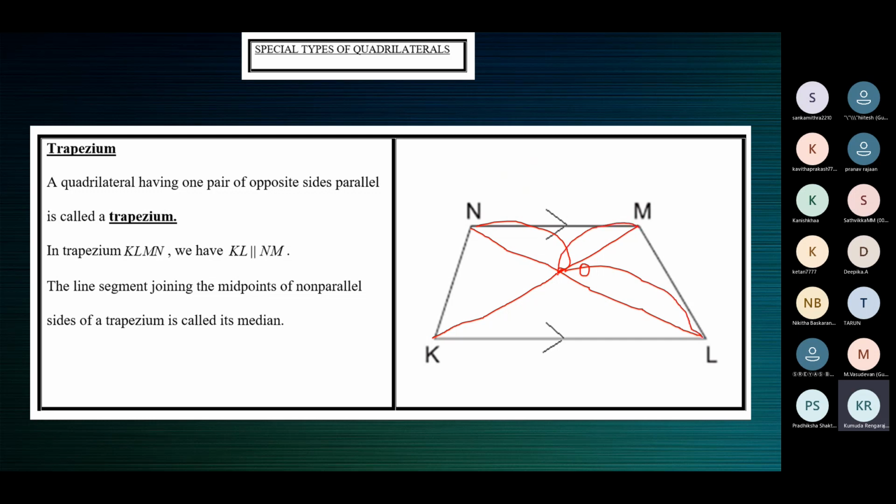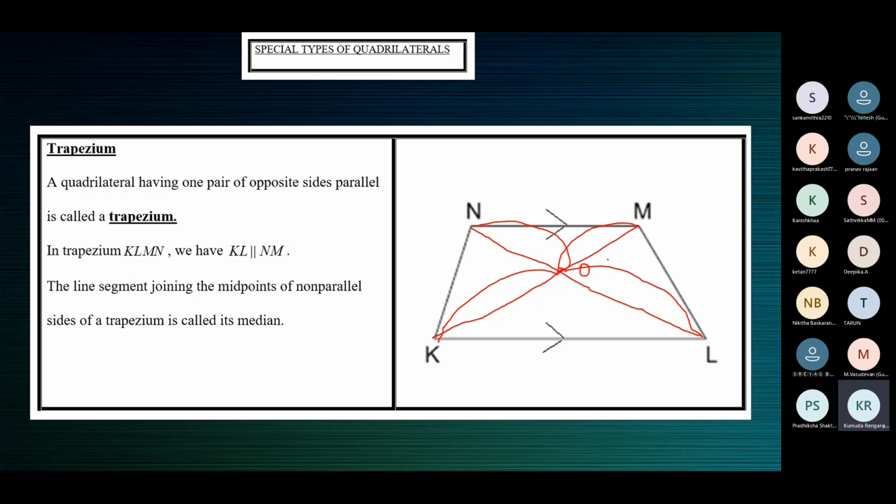Supposing, not in the case of a trapezium, if NO is equal to OL, if both the diagonals are cut into two equal halves, that is, one diagonal cuts the other diagonal into two equal halves, then we say that the diagonals bisect each other.